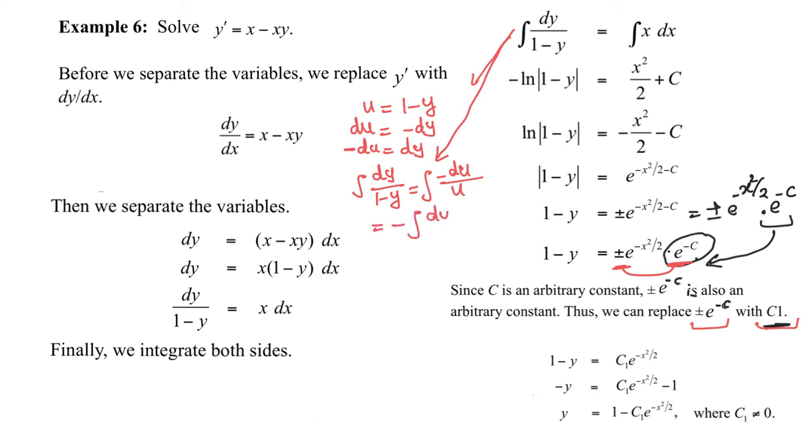Negative du over u. That is the same as writing 1 over u du. So negative ln of the absolute value of u if you take the antiderivative, and plus c or some constant will still be there, and negative ln of, replace this u back to our substitution.